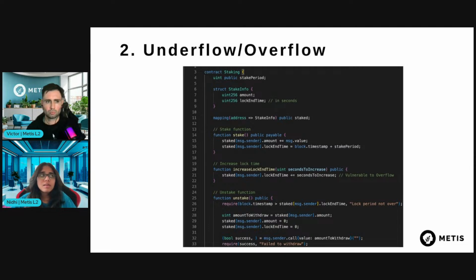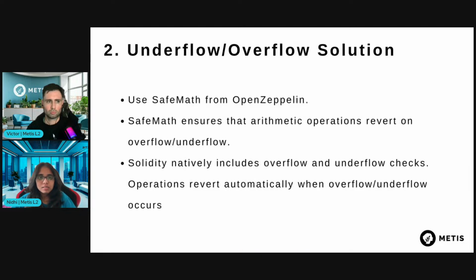How do we mitigate this risk? These are a few best practices we mostly use to avoid underflow and overflow. We use the SafeMath library from OpenZeppelin, which ensures that arithmetic operations revert on overflow and underflow. That's how we avoid this exploit.